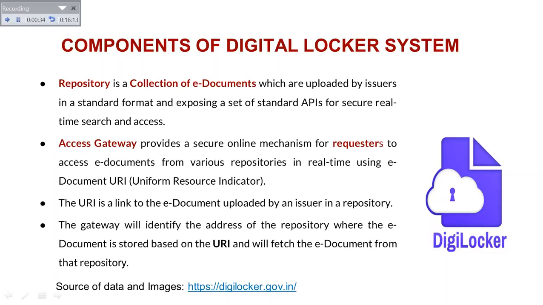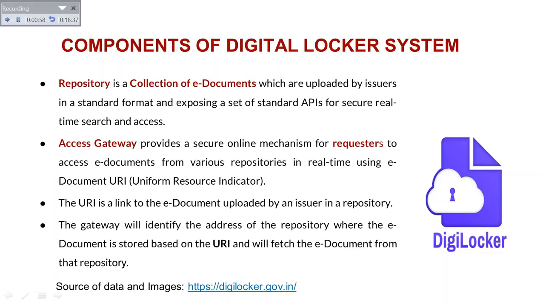Access gateway is a point where an issuer gets connected to a requester. Suppose you want to verify the background of a particular person and check his passport and other documents, then there is a gateway through which you can reach them. And URI is the link to the document. Many times, in the digital format, we don't actually give you a document, we give you a link to that.